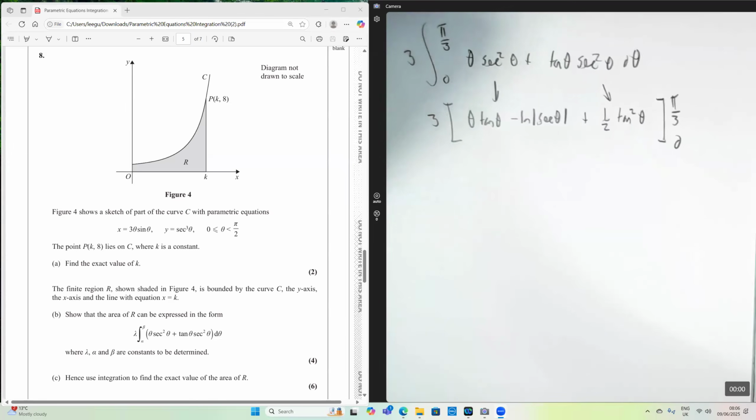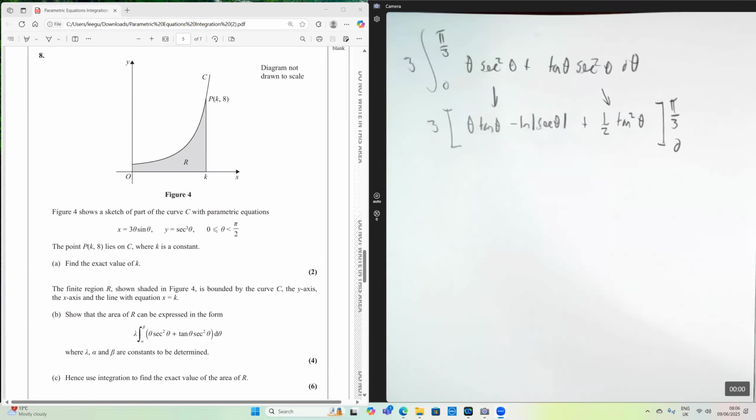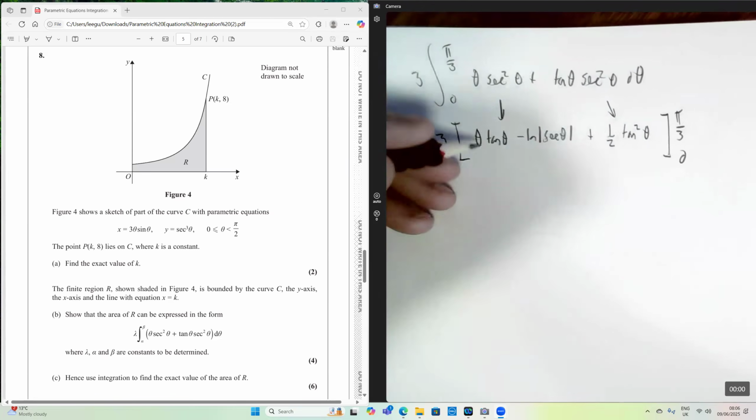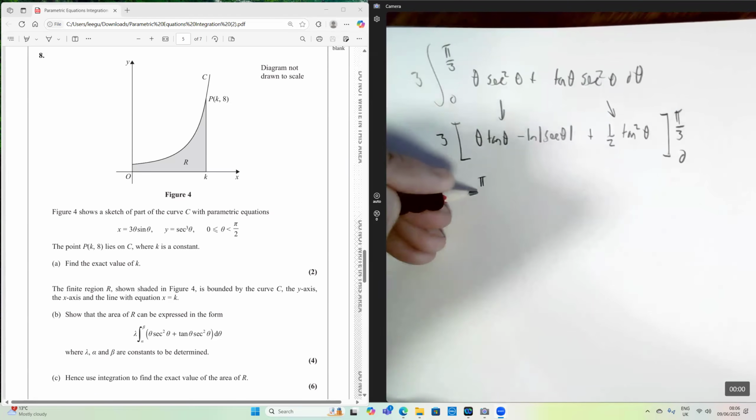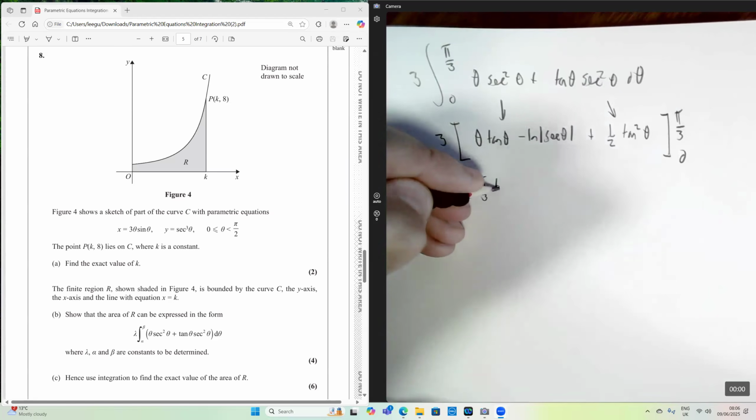Okay, so that's looking good. So now it's just time to sub in our limits and see what we get for our area. My goodness, the mark scheme's kind of undecipherable in this one. It seems extremely complicated. So we're going to put in our pi over 3. And we'll have tan of pi over 3 there.